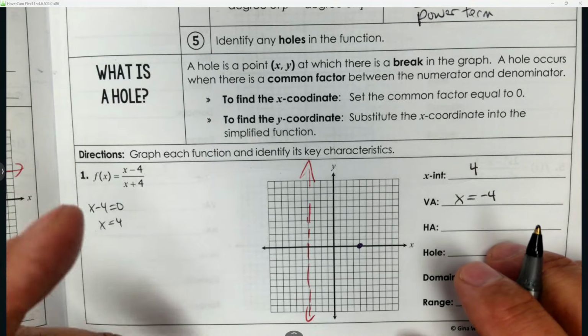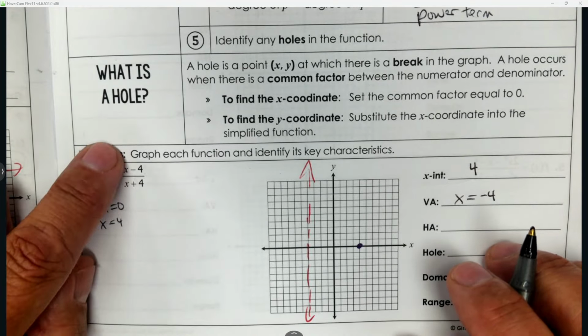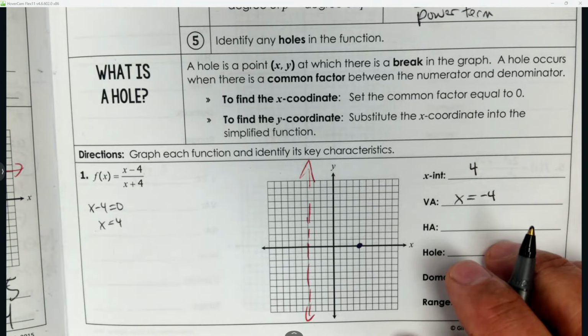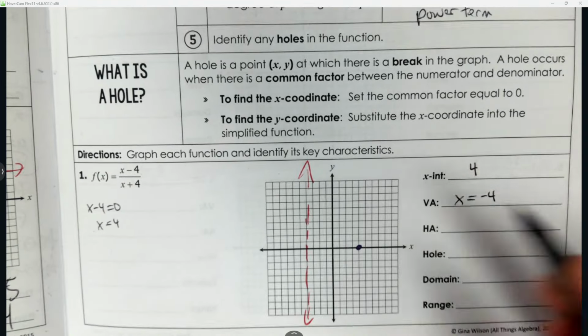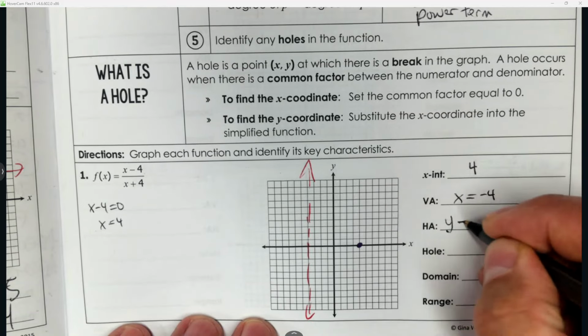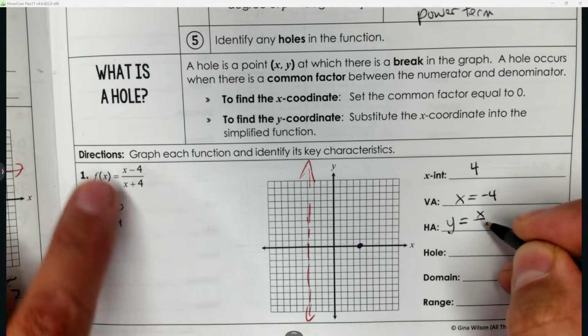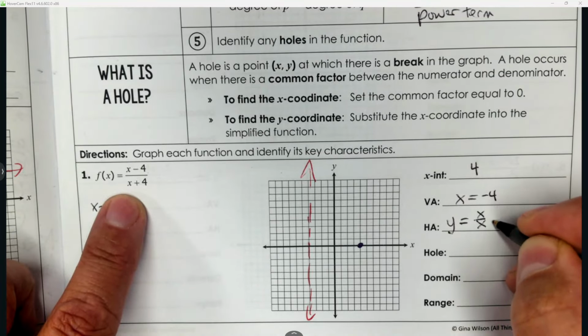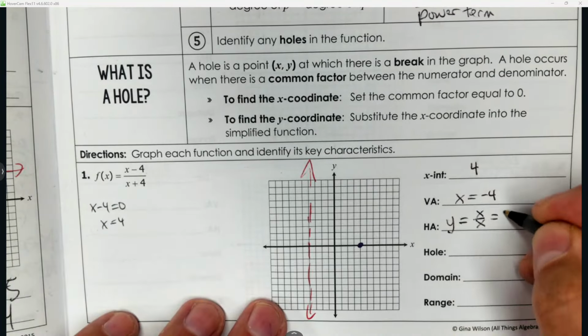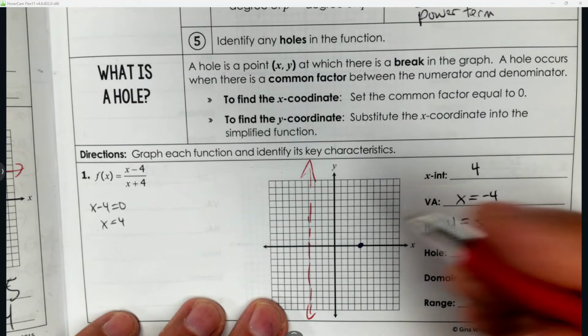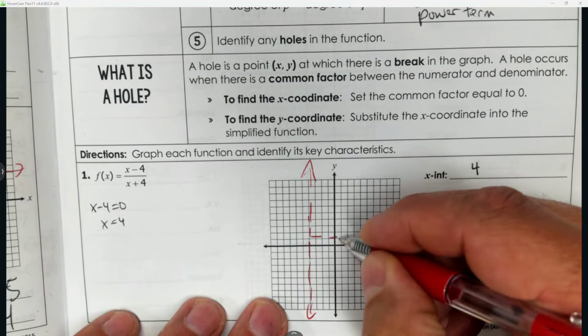So I can't see the exponent, but the biggest exponent in the numerator is 1, and the denominator is 1. They're equal. So to find the horizontal asymptote, I take the power term on top, which is just x, and the power term on the bottom, which is x, and divide it, and I get the answer 1. So go 1 up, and it's 1.